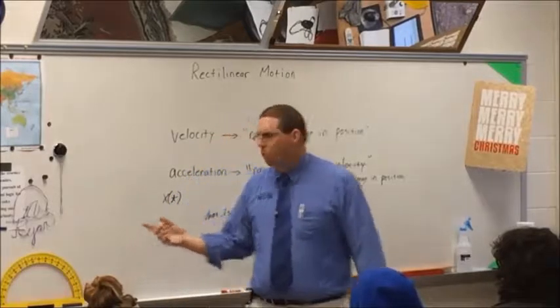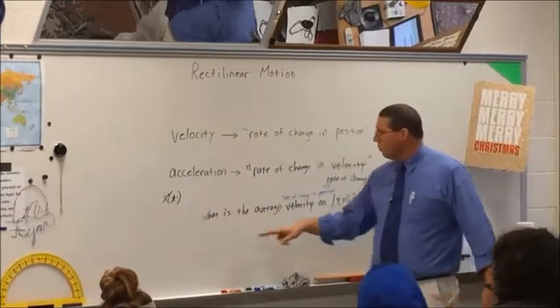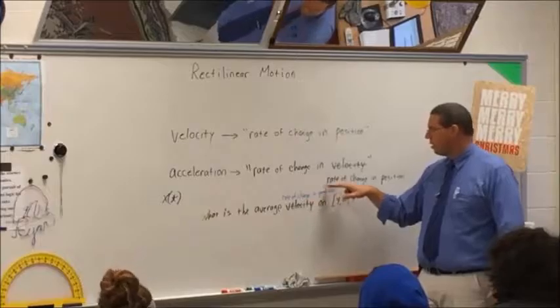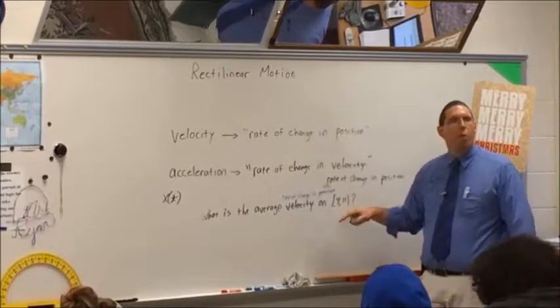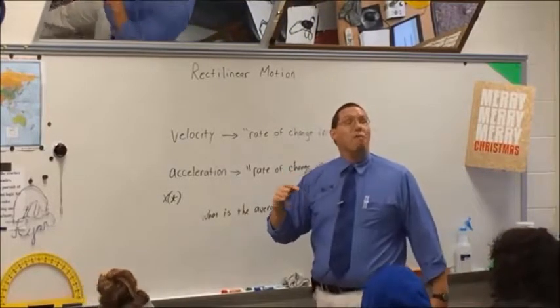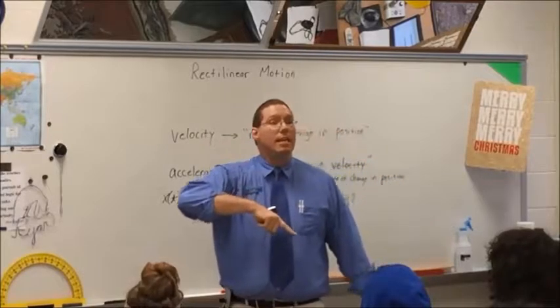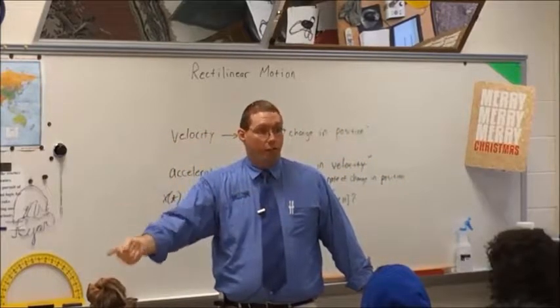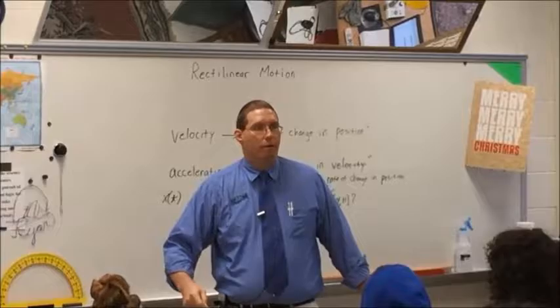Does that make sense? So what we're doing here is this. When we identify the average rate of change in the position, or x of t, we're identifying the average speed with direction of the object. Okay?